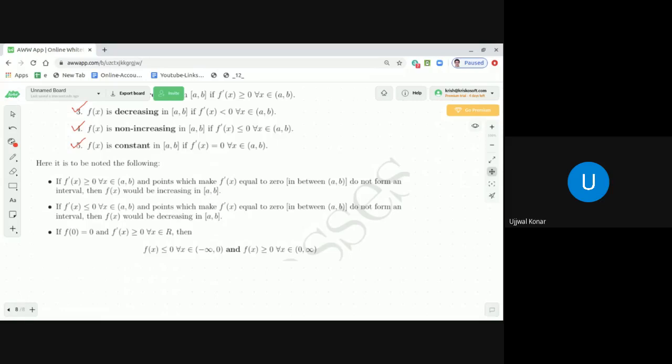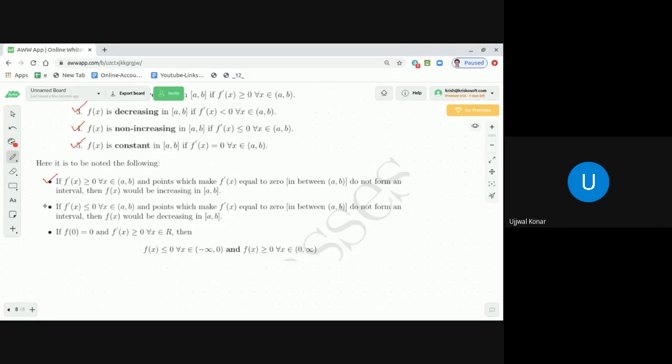Number one, if f'(x) is greater than or equal to 0 for all x belonging to the open interval (a, b), and the points which make f'(x) equal to 0 in the open interval (a, b) do not form an interval, then f(x) would be increasing in the closed interval [a, b].